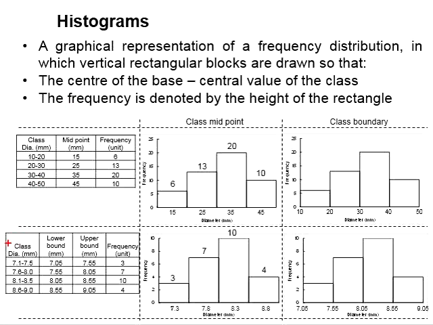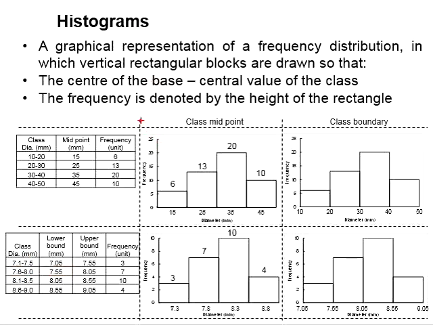With that, we need to determine the lower boundary and the upper boundary of each class. It is obtained by taking the average of the upper boundary of the first class and the lower boundary of the second class. The average of 7.5 and 7.6 is 7.55.